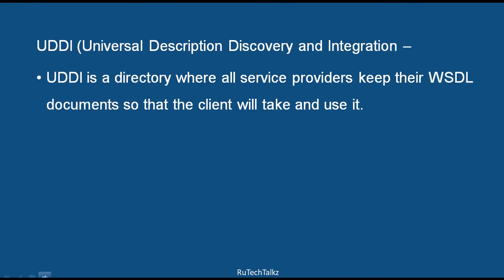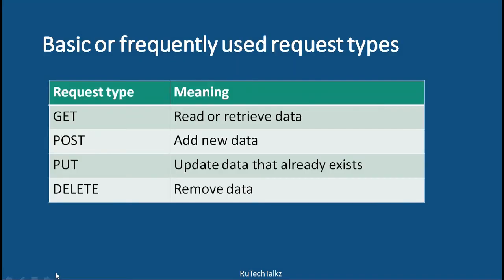What is UDDI? UDDI is Universal Description, Discovery and Integration. UDDI is actually a dictionary where all service providers keep their WSDL documents so that clients can take them and use them from there. Basic or frequently used request types.